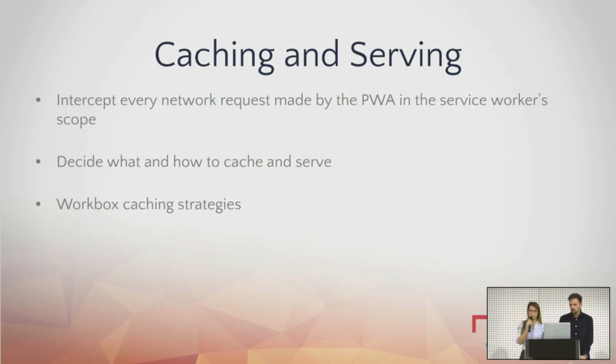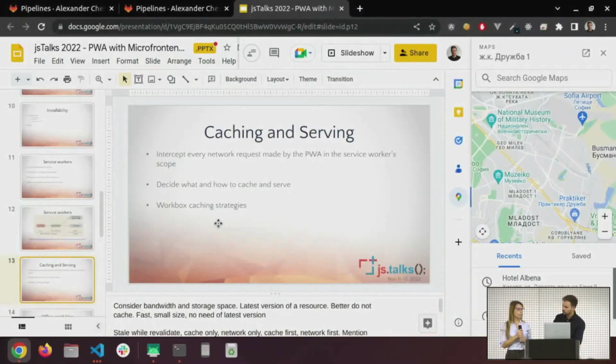Here, speed is vital, and we try to return the response as fast as possible. That's why it's served from the cache, but in parallel, a request is made to the network and the response is cached. And if you turn off your offline mode, you will have fresh content served from the previous response from the network.